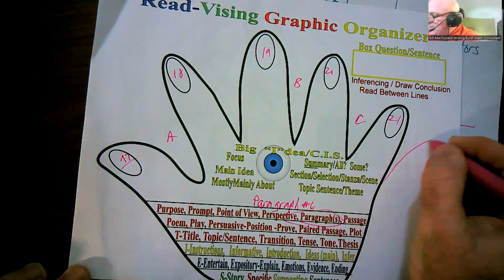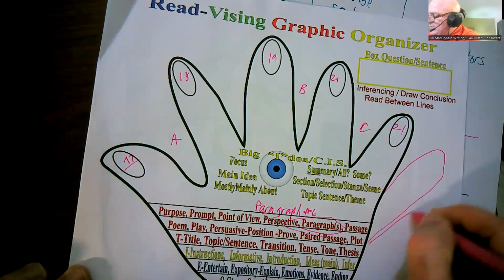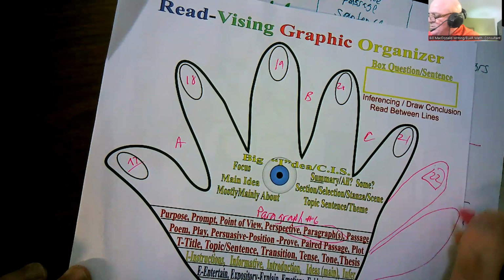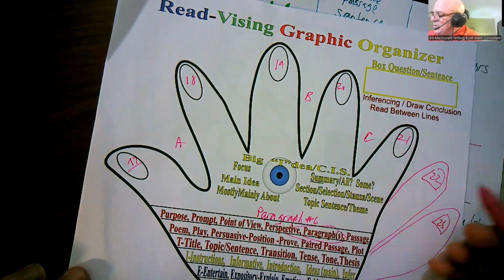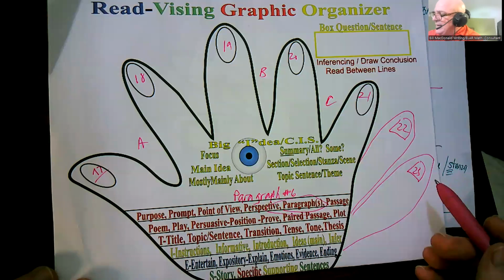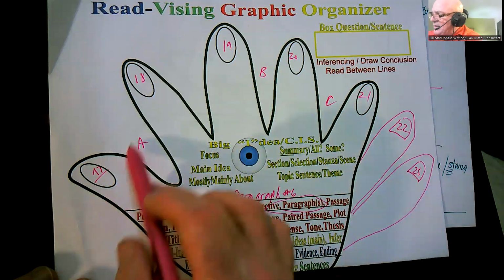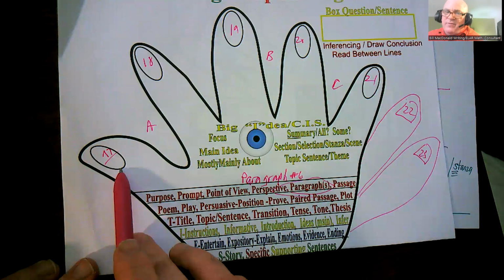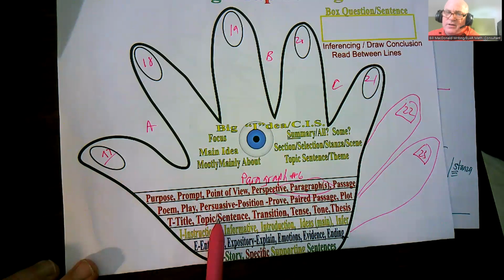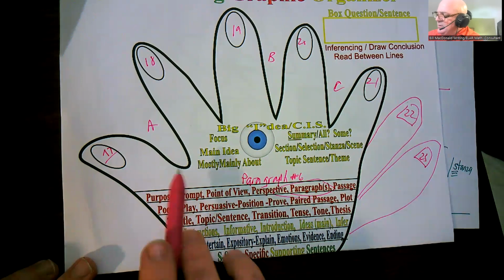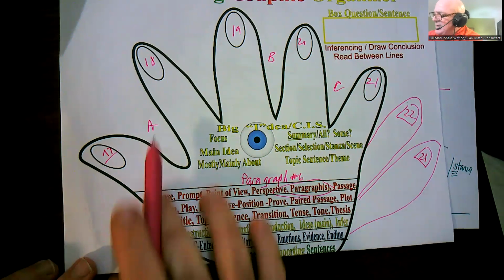Or if there's a couple of extra sentences, all your kids have to do is draw a few extra fingers so that they know that regardless of the length of the paragraph, basically every finger, there's the topic sentence, your main idea of a paragraph, and that's a higher level question.